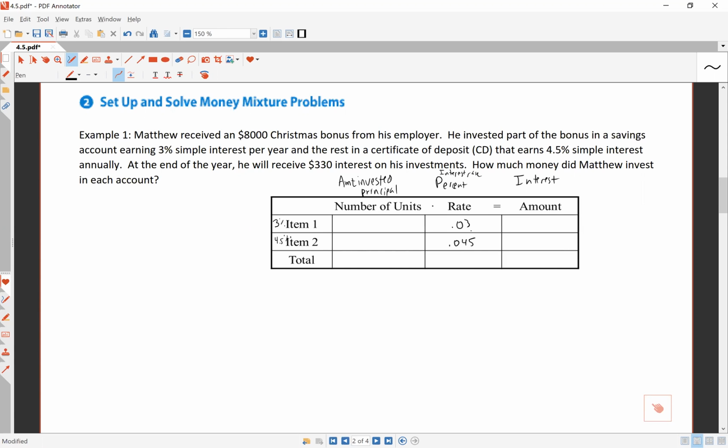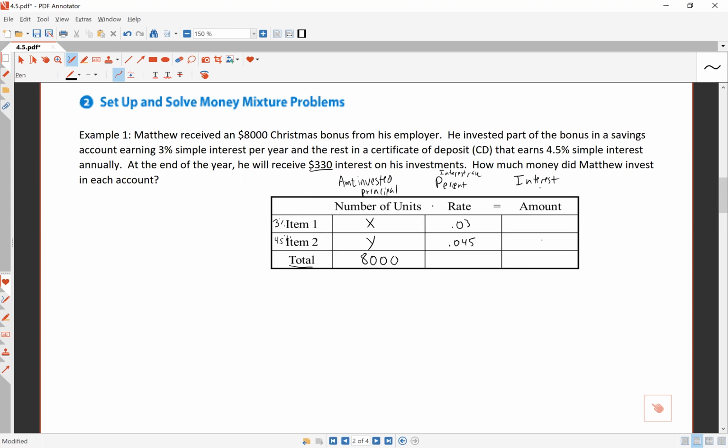How much do you invest in each account? In the 3% is X, in the 4.5% is Y. And we know that the total amount invested is $8,000. We know the total interest earned on the account.